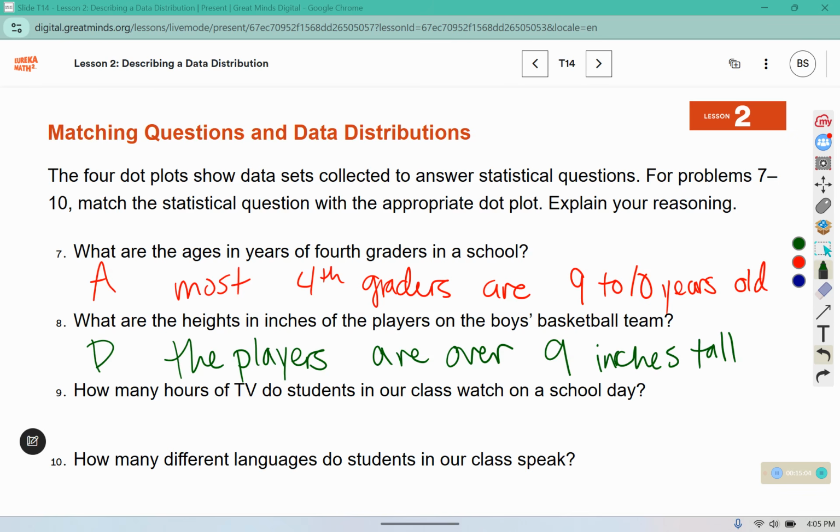They should be between 58 to 66 inches tall.